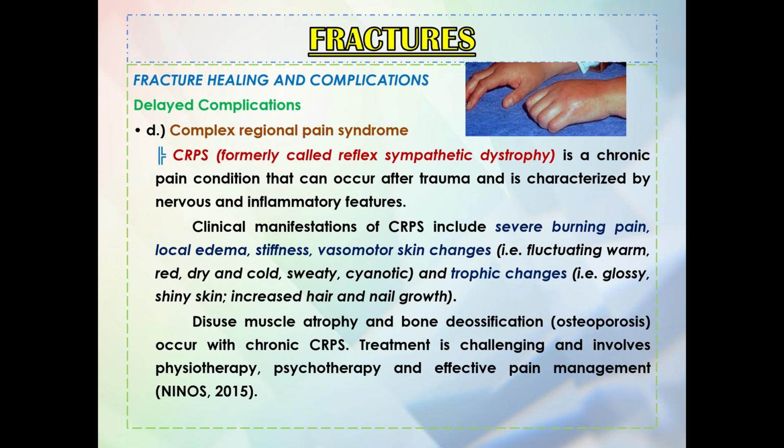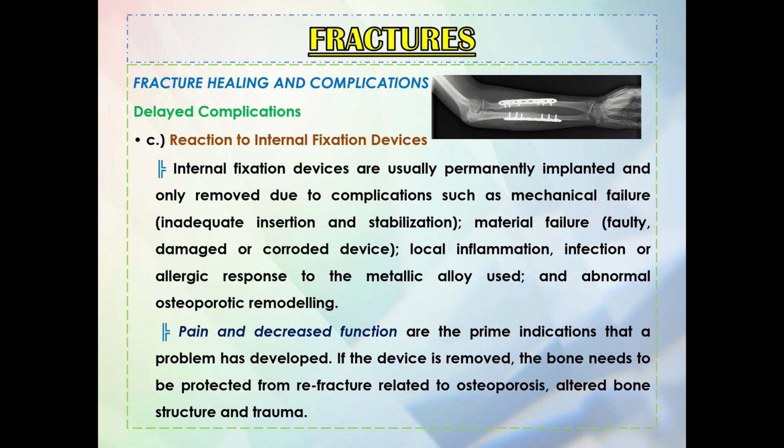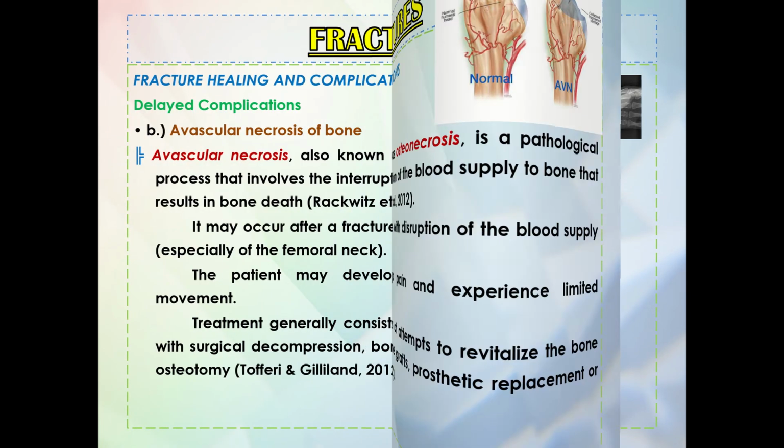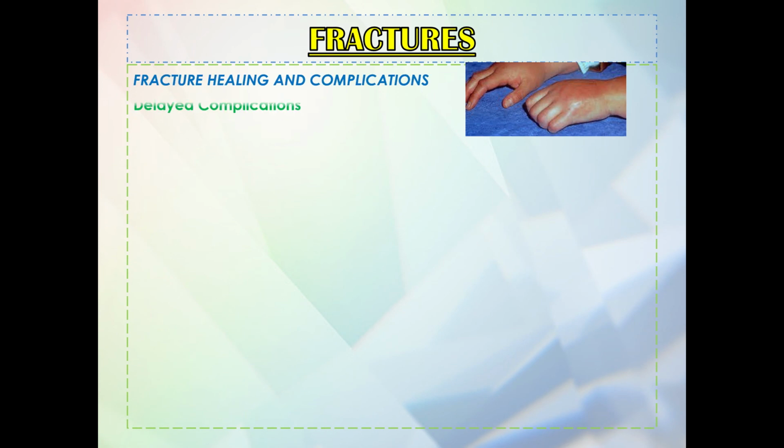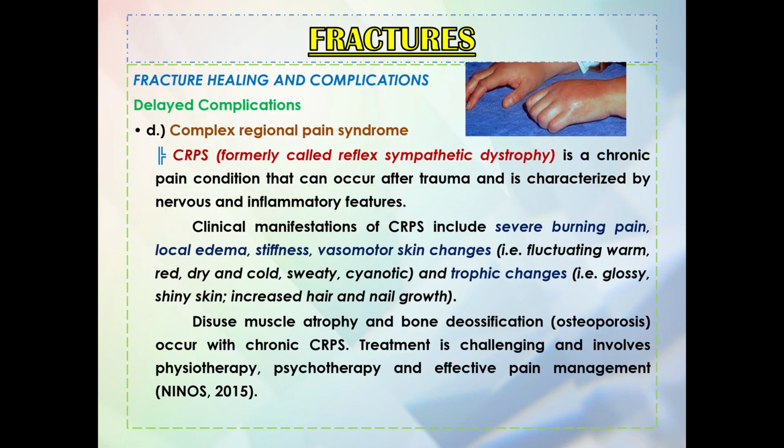And then we also have si ating na-discuss na natin si reaction to internal fixation devices and avascular necrosis or si AVN. And the last delayed complication is CRPS. So, ito yung mga i-watch out natin if our patient develops or has a fracture or a fractured bone.